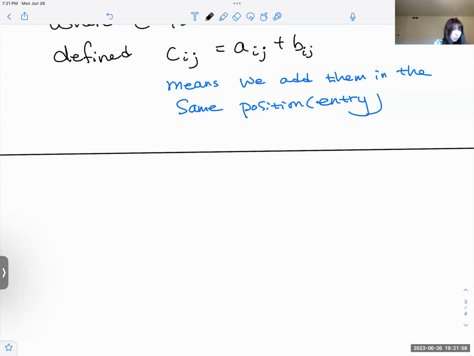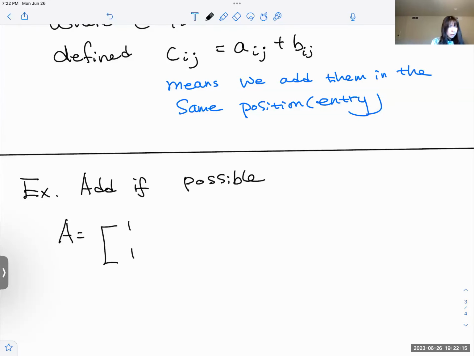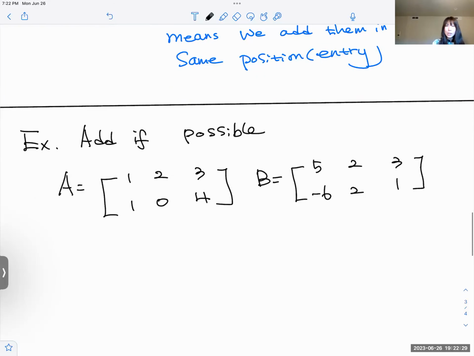Okay, all right, so let us do this. We have A equal to, and if possible, that means we have to check their sizes, right? A equals 1, 1, 2, 0, 3, 4, and B equals 5, negative 6, 2, 2, 3, 1. Let's check the size. This is a 2 by 3, row, column, and this is also 2 by 3.